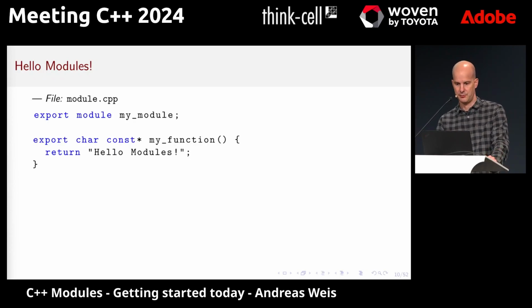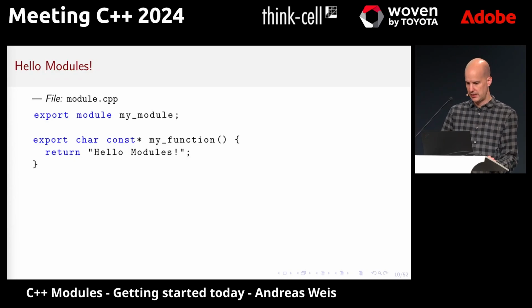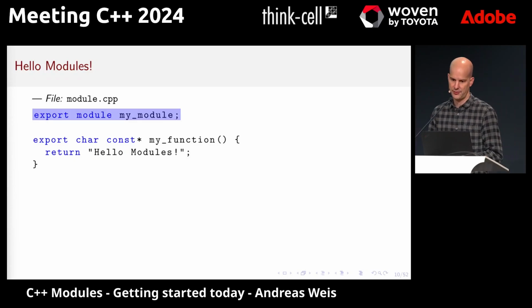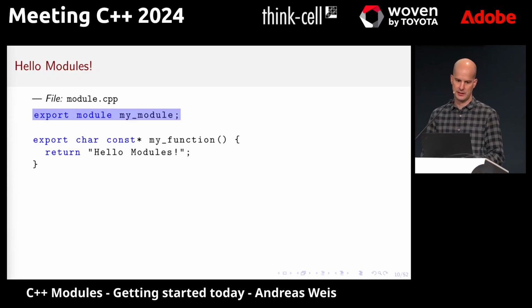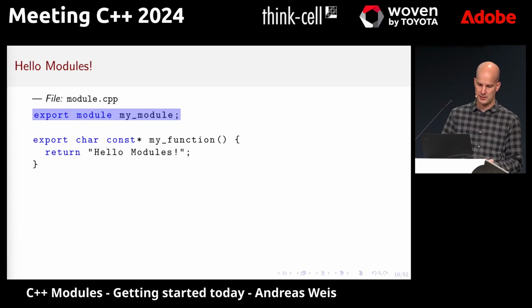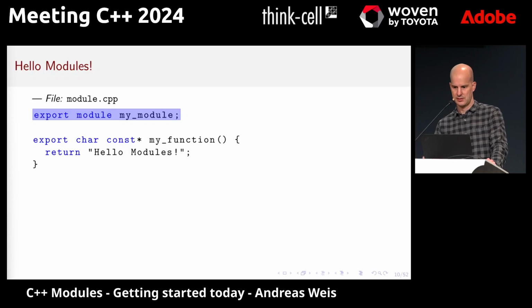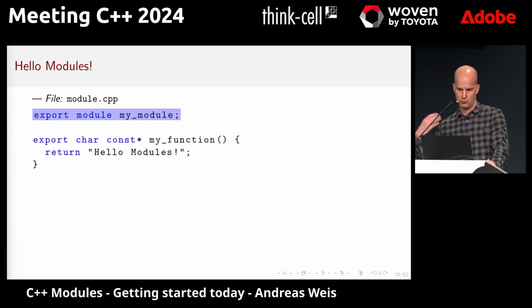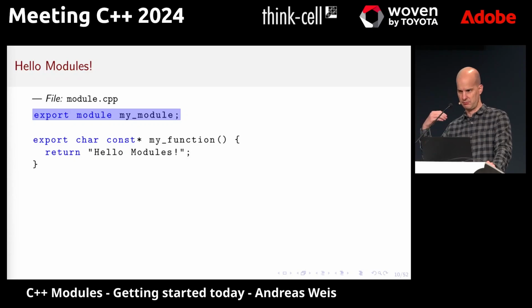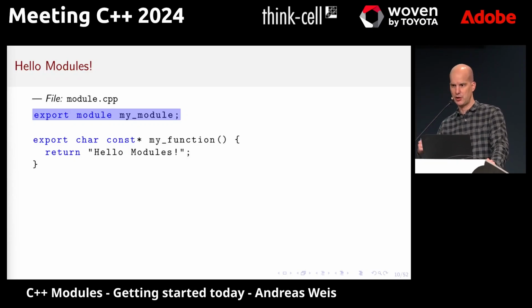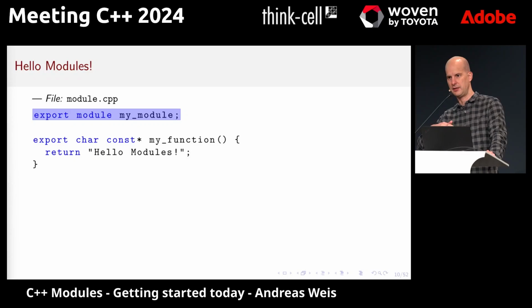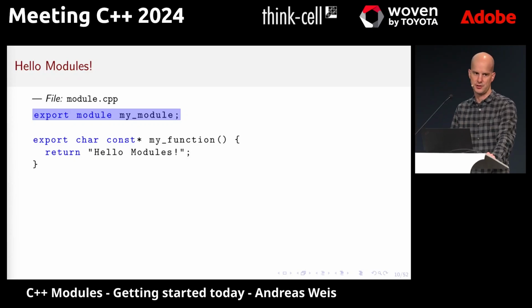So this is a very simple module. It just provides a single function. And we notice right away a couple of new keywords. The first thing that we notice is that at the top here, we have this module declaration. Whenever you write module source code, you want the compiler to be able to tell pretty quickly, without having to parse the entire source file, whether it's a module source file or not.